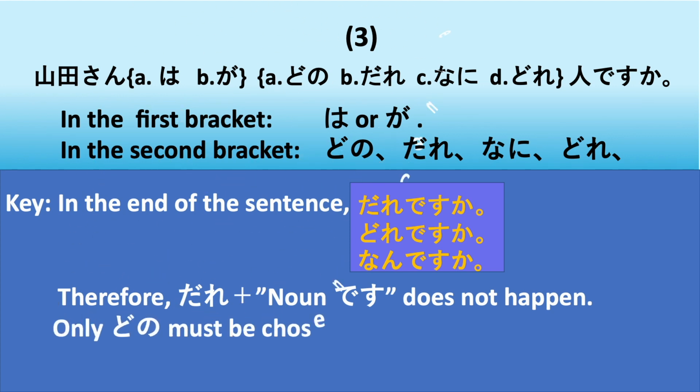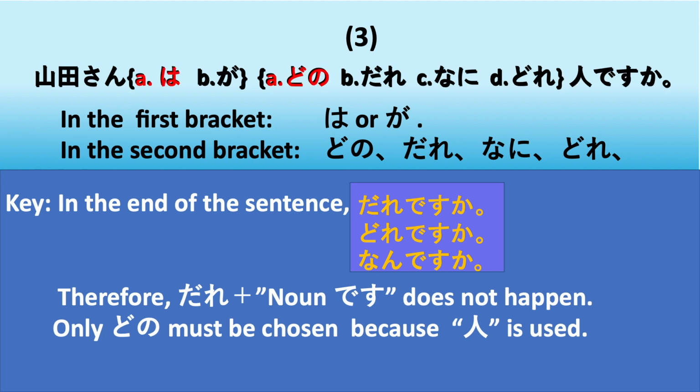And then please look at the first bracket. There is は or が. Which one do you need to choose? This is a rule. Please do not forget this. When a WH question word is used at the end of the sentence, は must be used, not が.